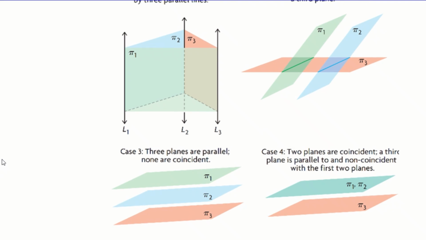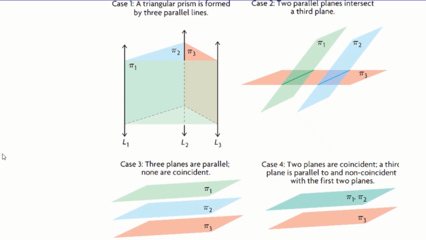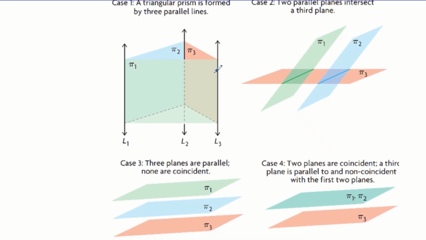Now we are going to see four of the inconsistent systems. In this one, the three planes intersect in three parallel lines, and none of them have a common point, so it's zero solutions. There are no common points from these three intersections.